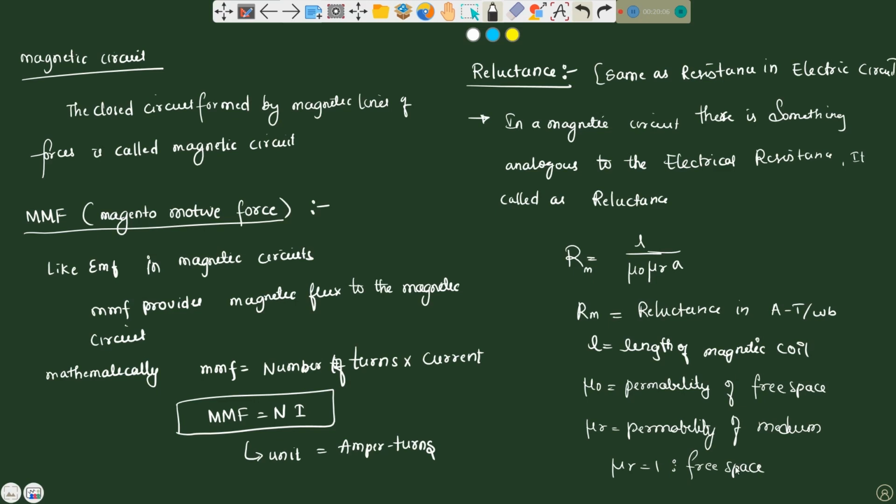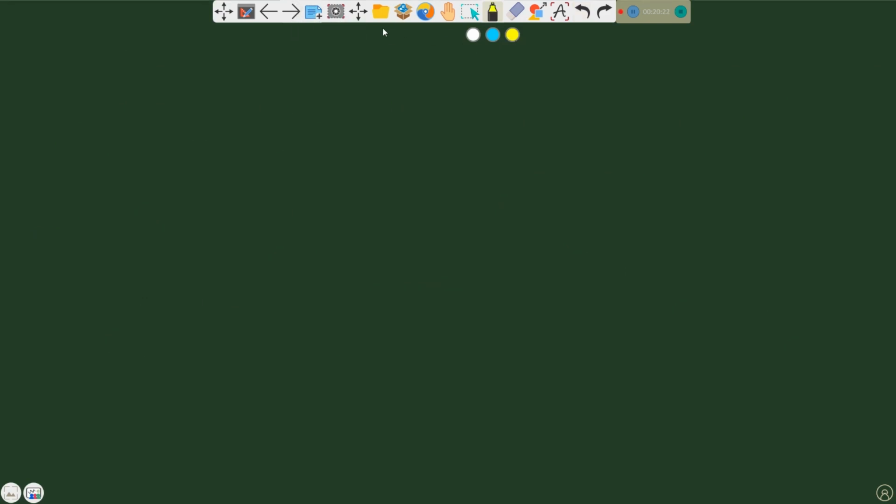Okay, so next we have magnetic flux. What is this magnetic flux?